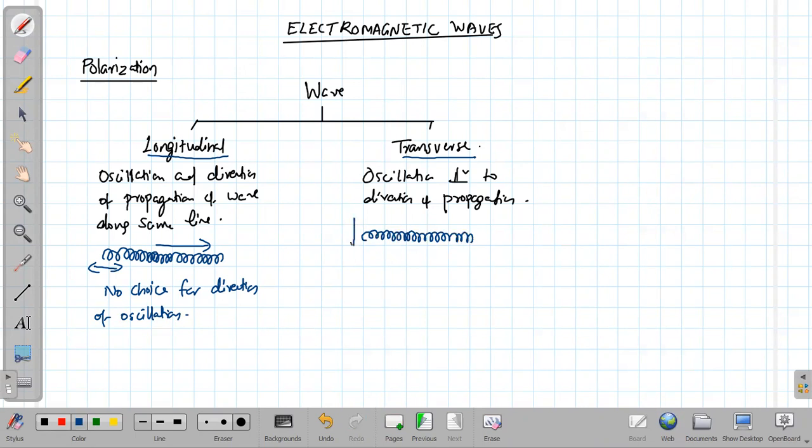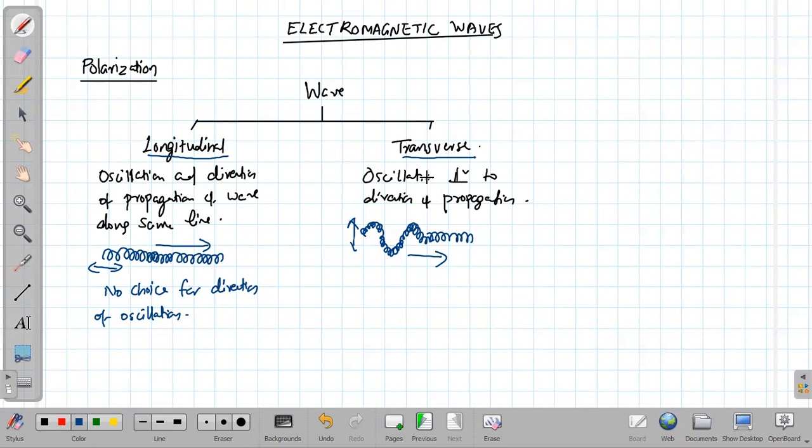If you oscillate like this, then you will get a wave. So this kind of wave you will get. Here the oscillation is in the vertical direction and the energy is propagating in the horizontal direction. So the oscillation of the wave and direction of propagation are mutually perpendicular. Such kind of wave is called transverse wave.